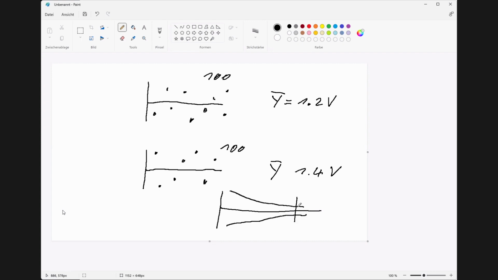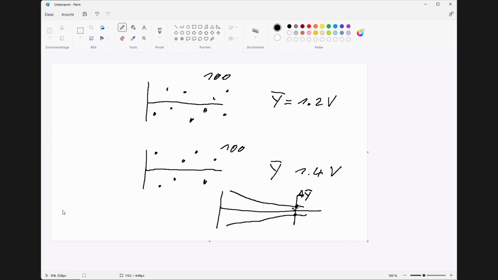You calculate this delta y. And when both values are in this range, 1.4 and 1.2, when both are in this range, then you can say both measurement rows are the same. This is only a difference from the scattering inside of the measurement rows.